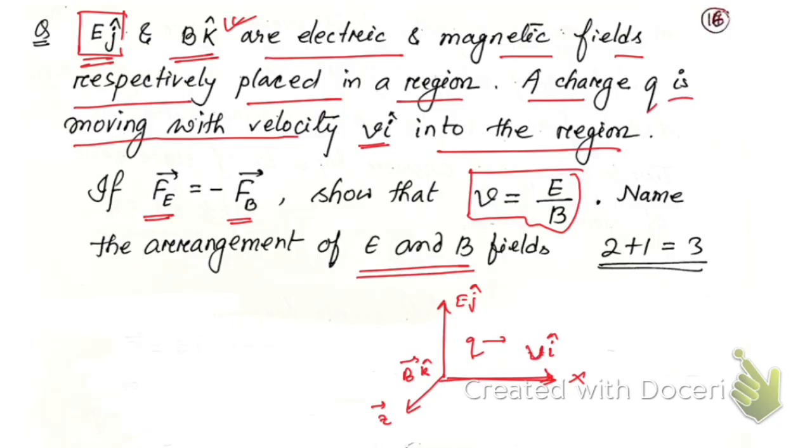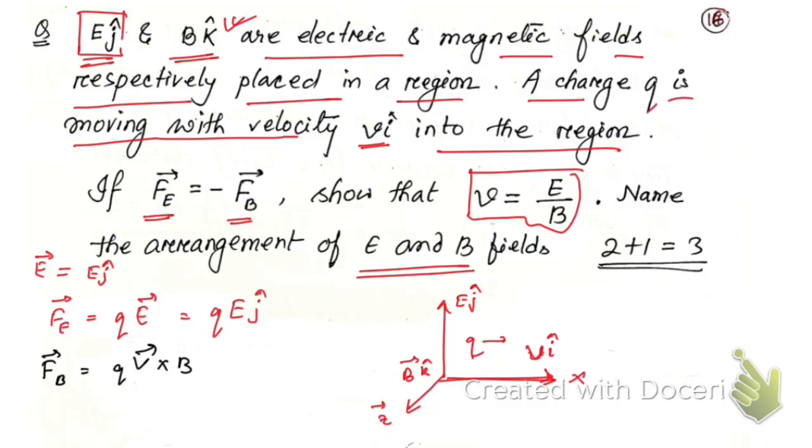Now you see, force exerted by electric field is given by QE, and the electric field is E j cap, so that's gonna be Q E j cap. And force exerted by magnetic field, that is F_B, is given by Q v cross B, right?